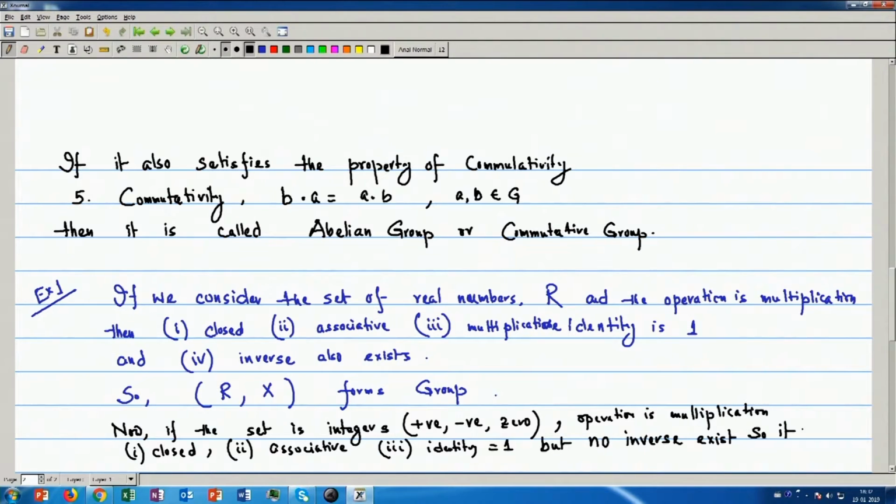So, it is not a group. Integers with multiplication as the operation is not a group.